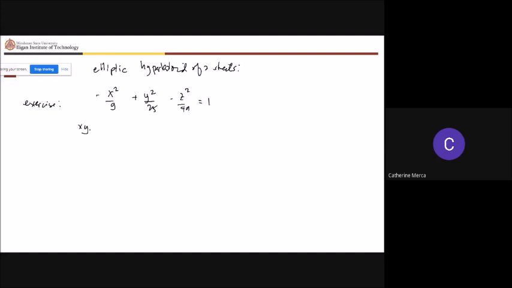In the xy plane, you will have y squared over 25 minus x squared over 9 equals 1. Then in the yz plane, what do you have? Y squared over 25 minus z squared over 49 equals 1.